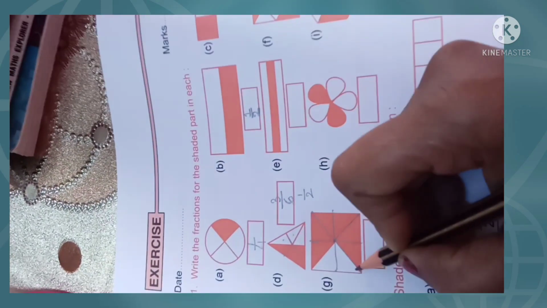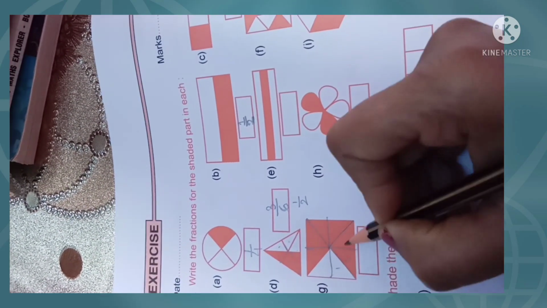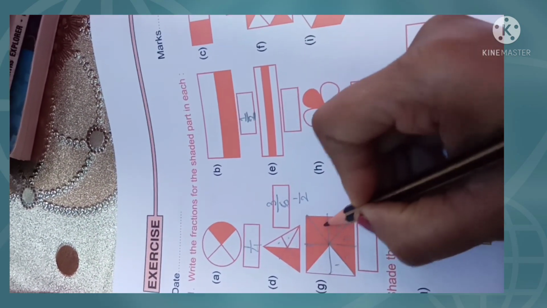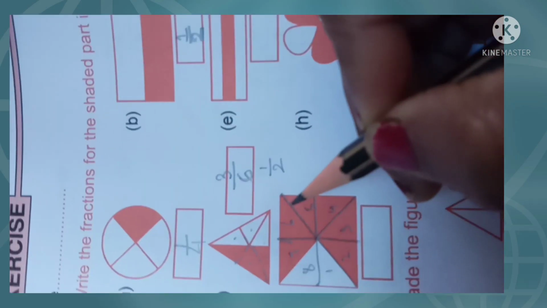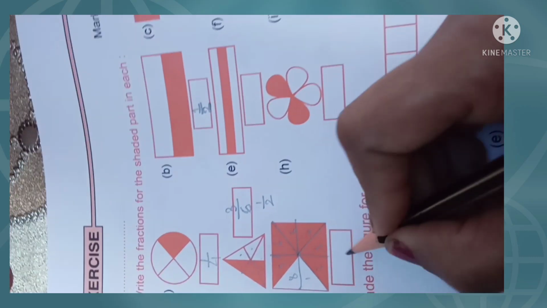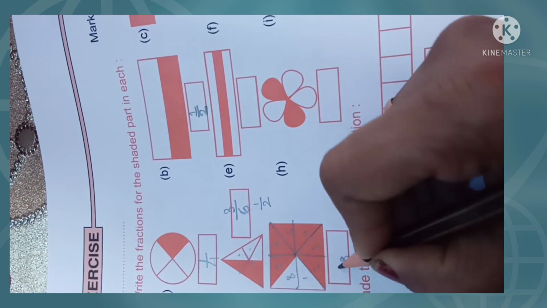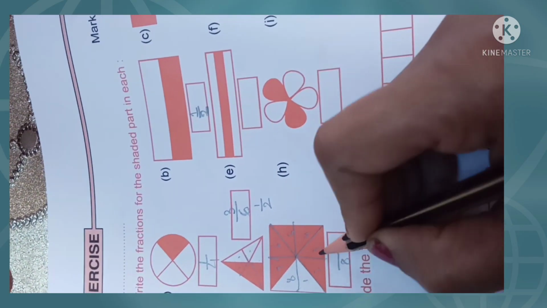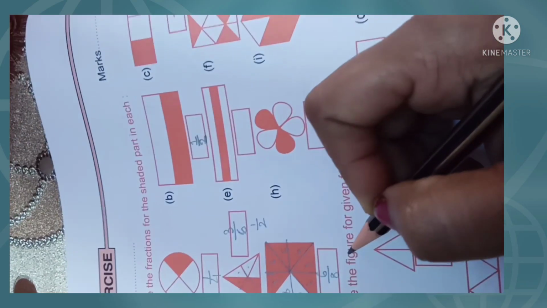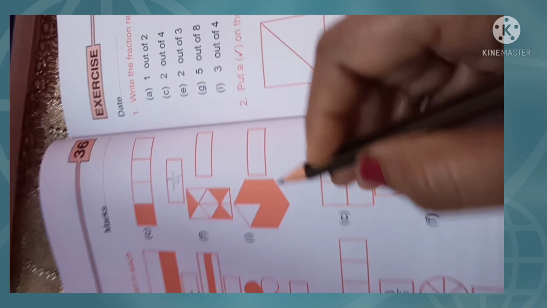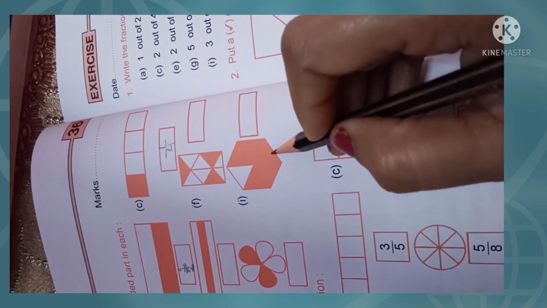So you see how many number of parts are there? 1, 2, 3, 4, 5, 6, 7, 8. 8 number of parts are there. And how many parts are shaded? 6 parts. 1, 2, 3, 4, 5, 6. 6 parts are shaded. Okay. Likewise, we will do for the rest also.